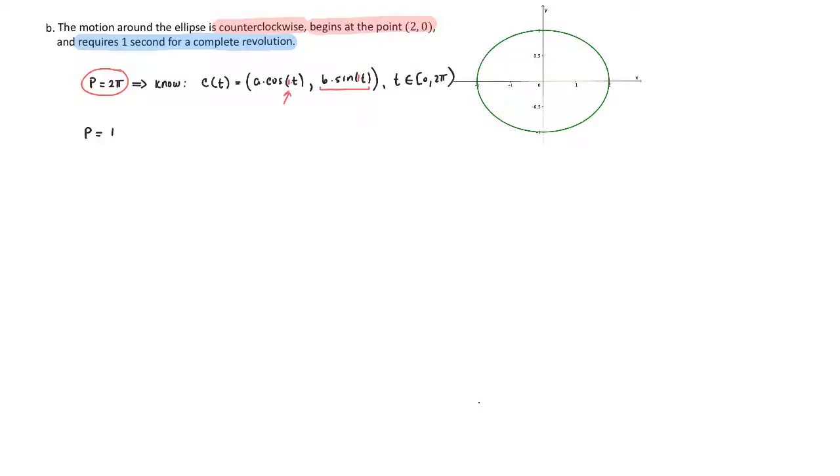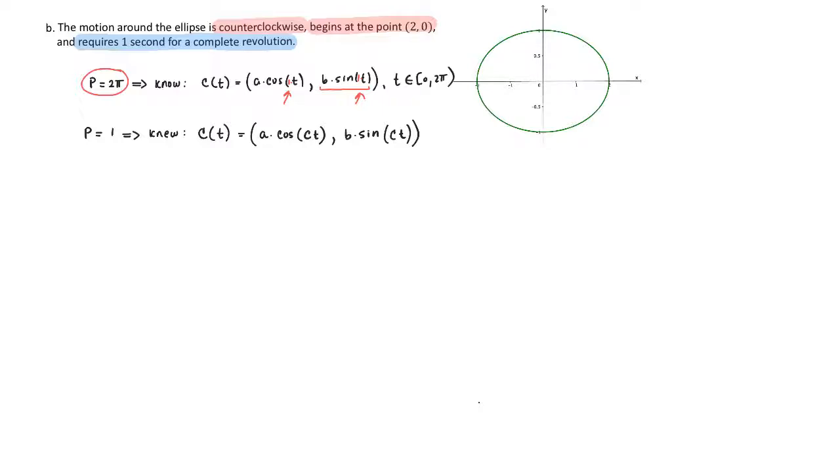This coefficient right here is going to change if we change the period. So then the new general form is going to be c of t equals a times cosine of b. No, let me not use b because we already use b. I know that in pre-calculus, most likely you were using bt, b inside, but here it is not a good idea to do that. So let's do c. ct, comma, b times the sine of ct.